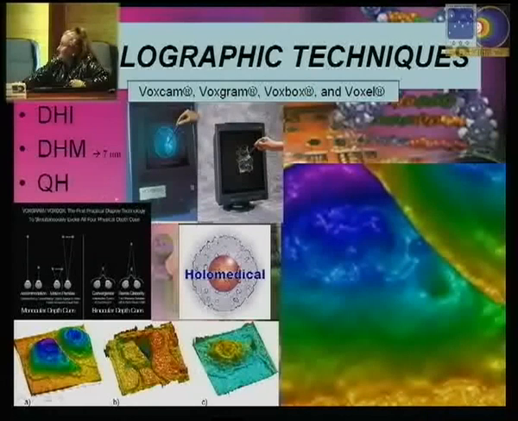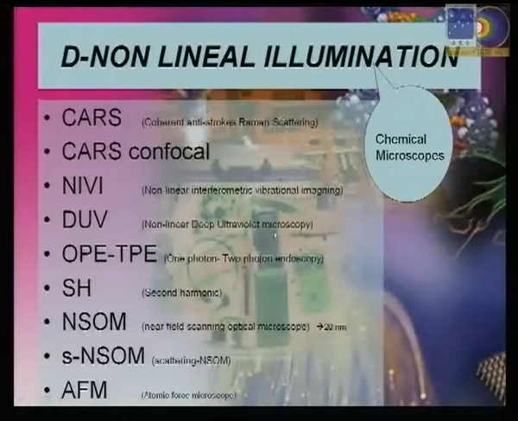There is also holography, as you will see in microscopy, but this is for the biological area and far from us. Also far from us, although extremely important for medicine and for genetic therapy and things like that, is all the area of nonlinear illumination that builds chemical microscopes.